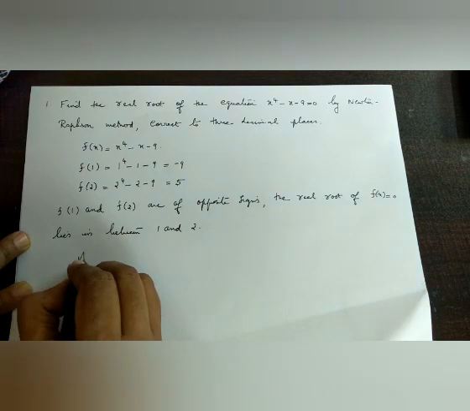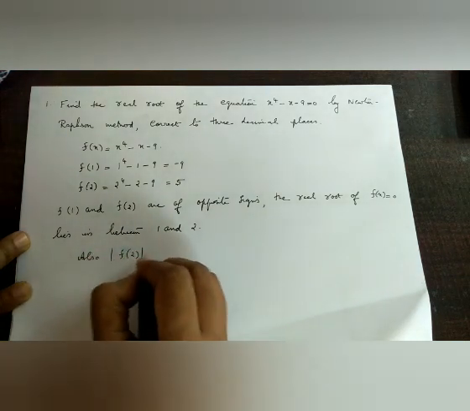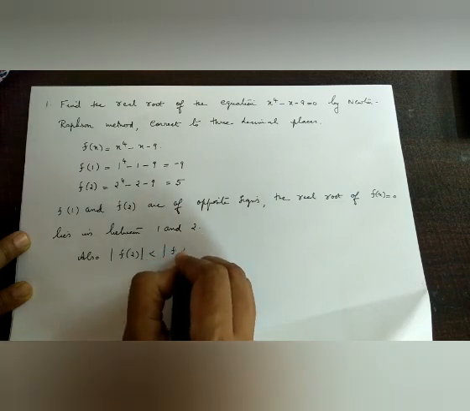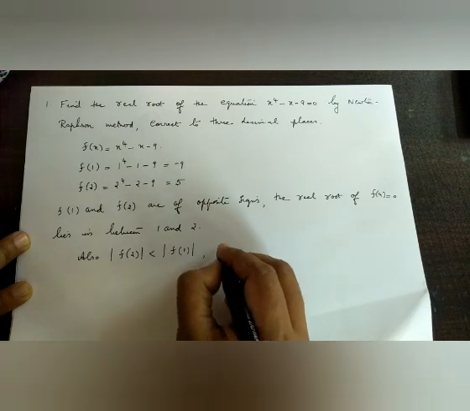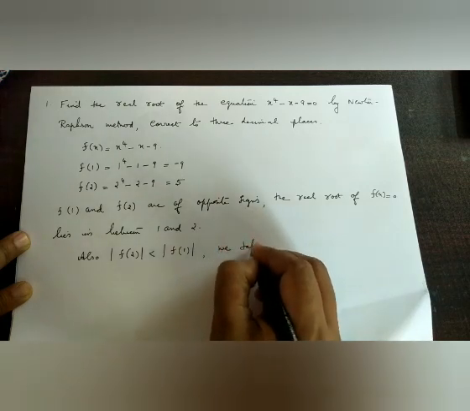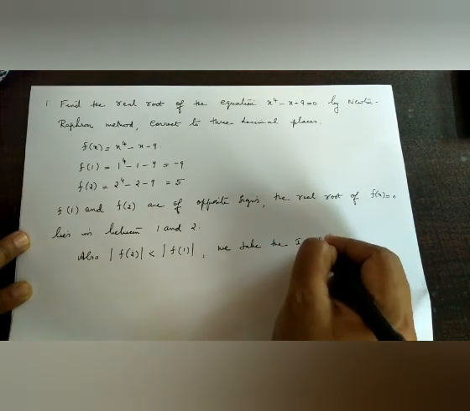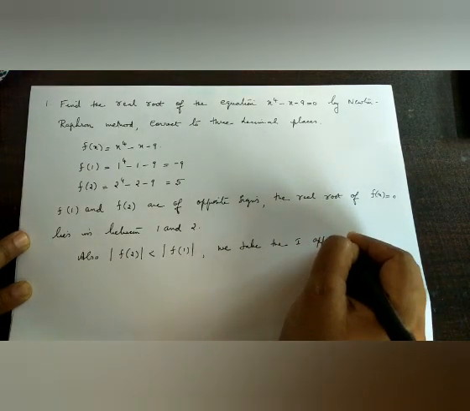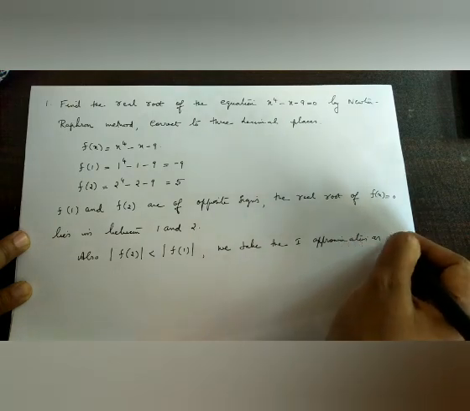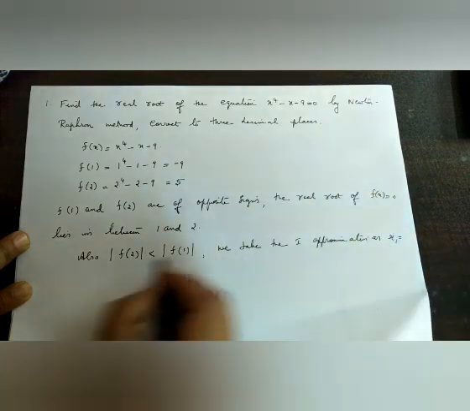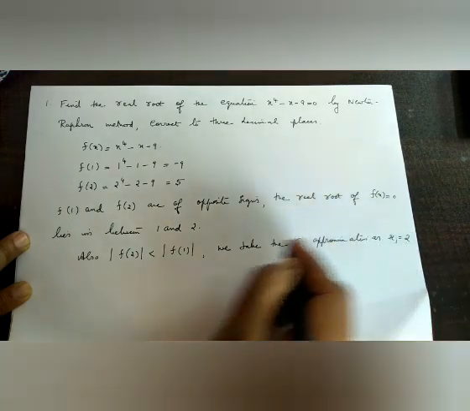Also we have modulus of f(2) is less than modulus of f(1). That means we can take the first approximation as x1 = a. In the place of a we have 2. Therefore, x1 = 2.